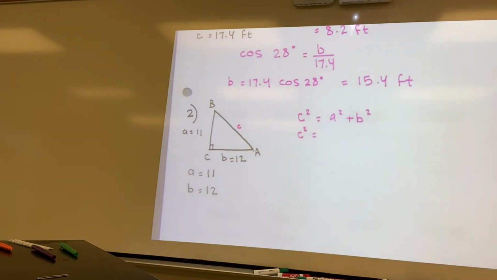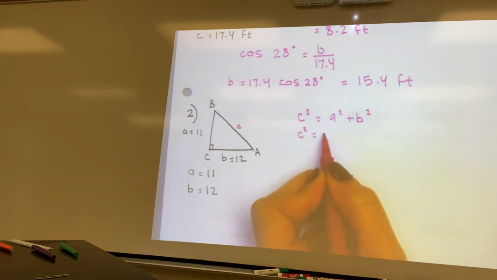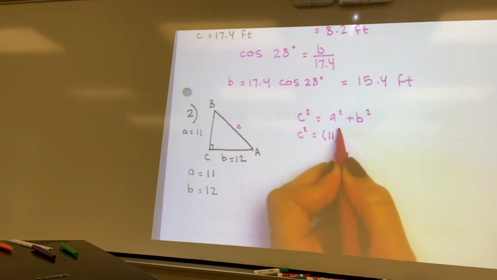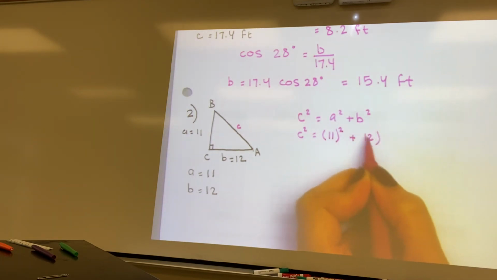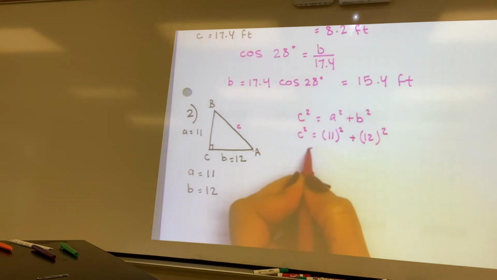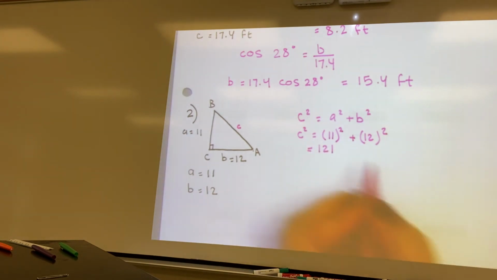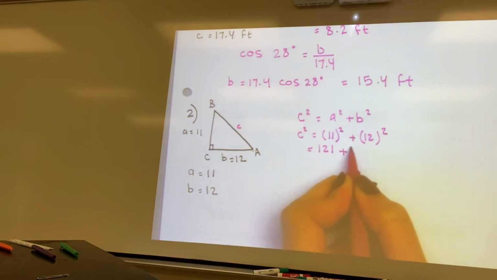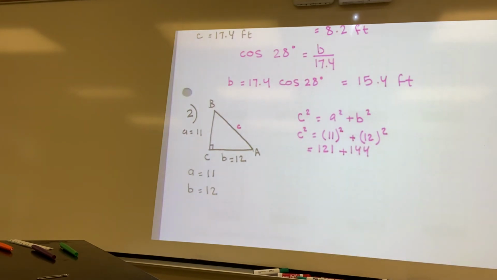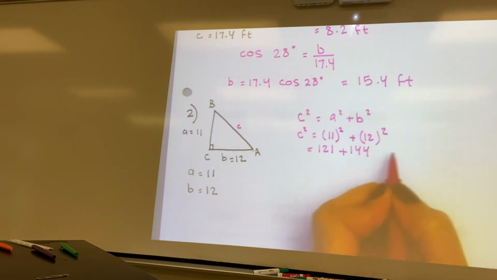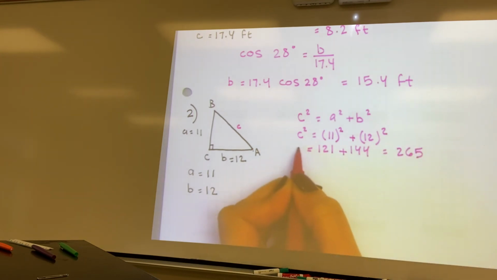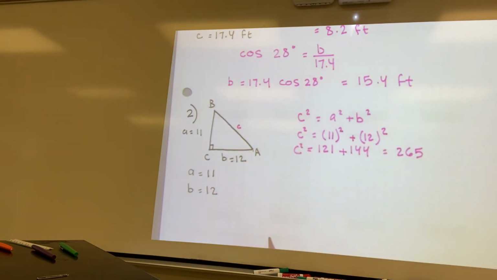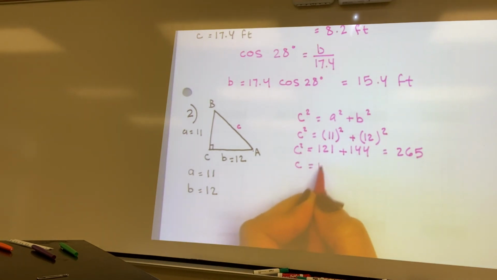A squared is 11 squared, and B is 12 squared. This is 121, and 12 squared is 144. You add these together, you will get 265. That's C squared. Taking the square root for both sides, you'll get C equals 16.3.